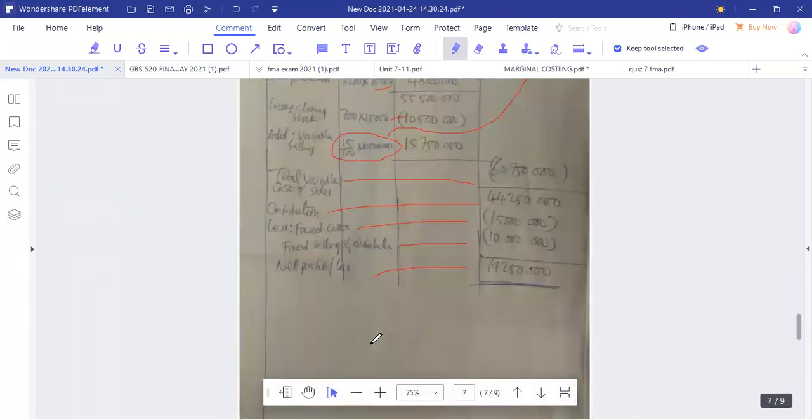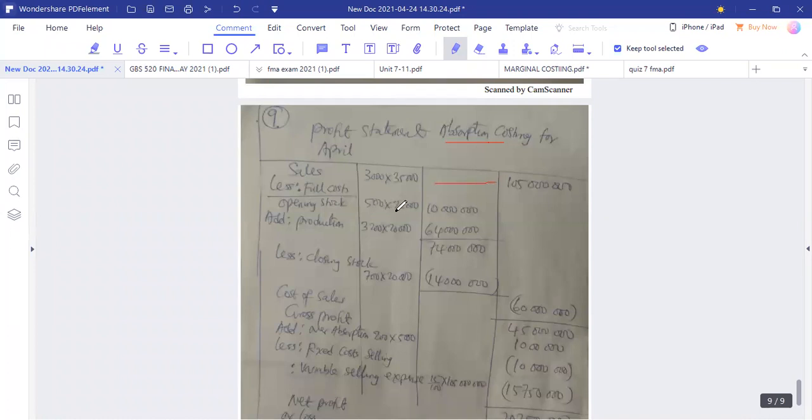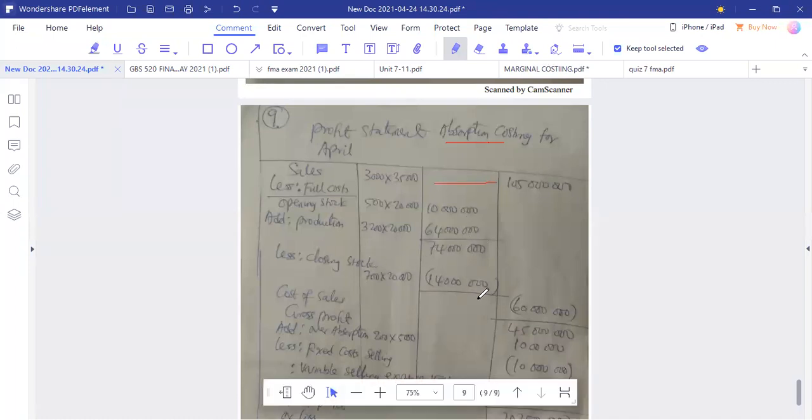So opening stock was 5,000 units by 20,000. Add production of 3,200 by 20,000. So we are getting that amount, less the closing stock of 14 million, giving the cost of sales of 60 million.